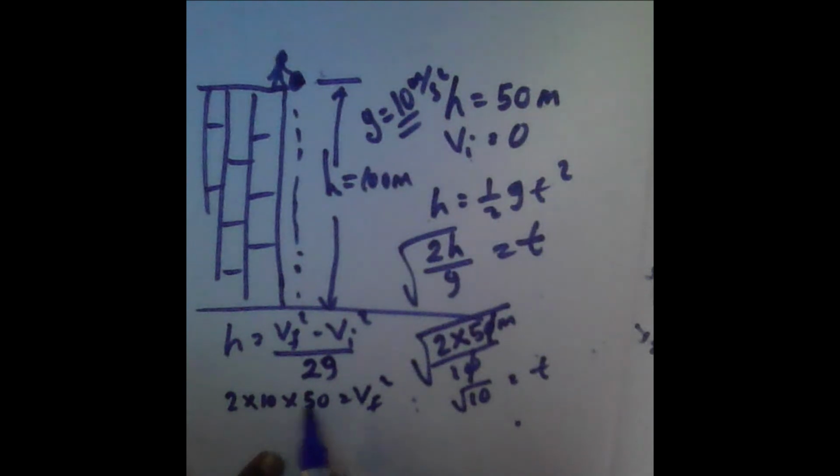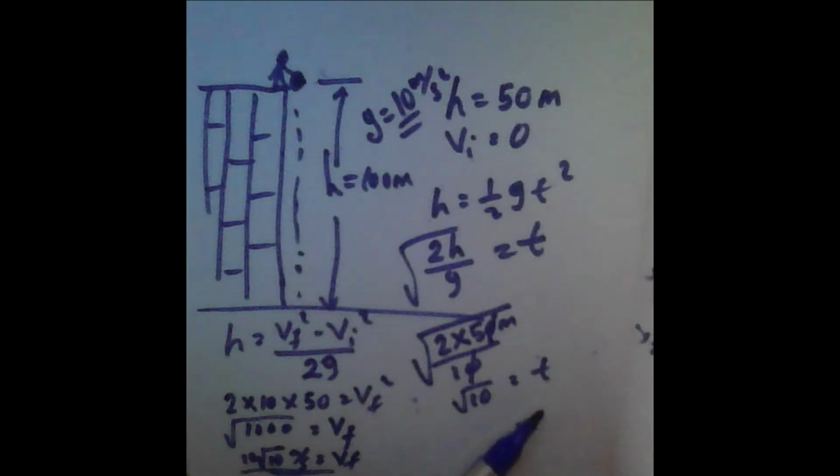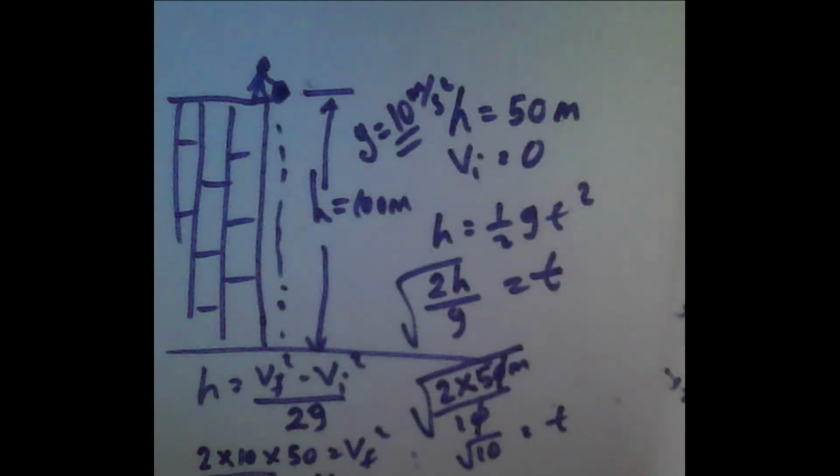Therefore, this is 1000, and the square root of 1000, which is 10 square root of 10 meter per second, is equal to the value of v final. So it's possible to use this formula, and we have also got the time interval. This is one way of finding v final.